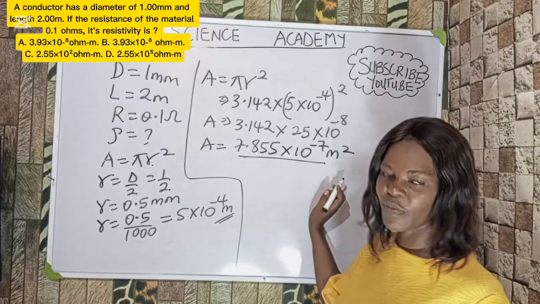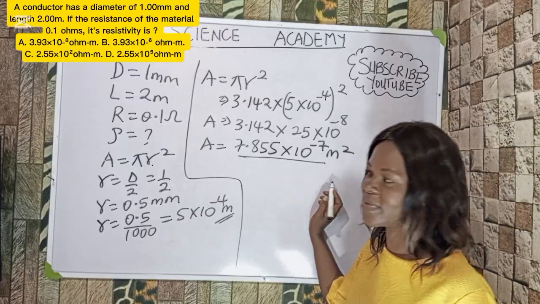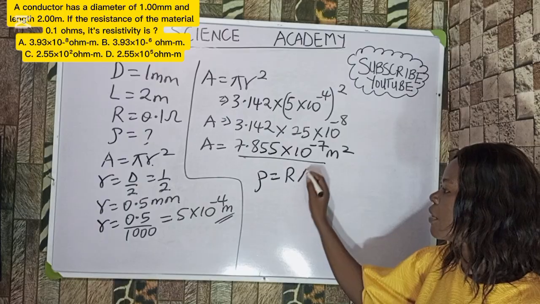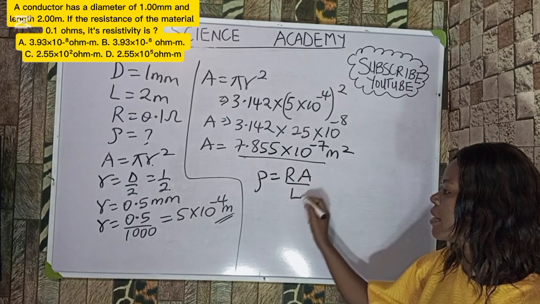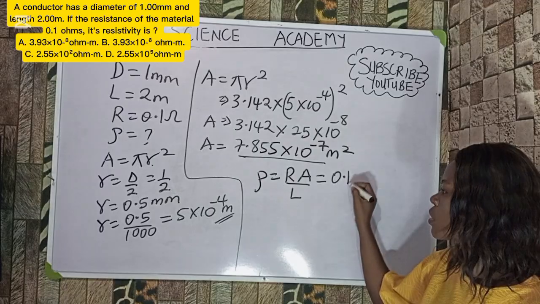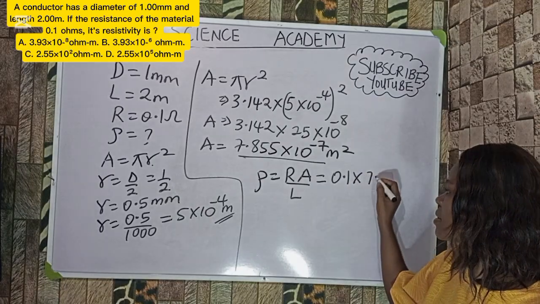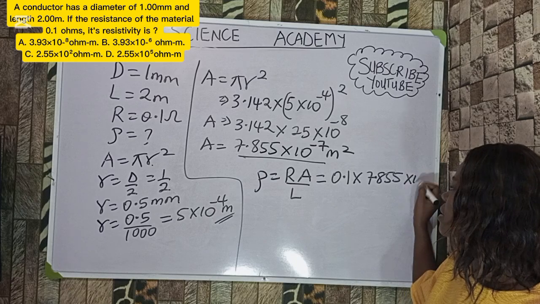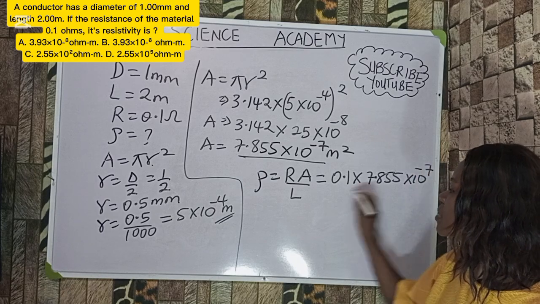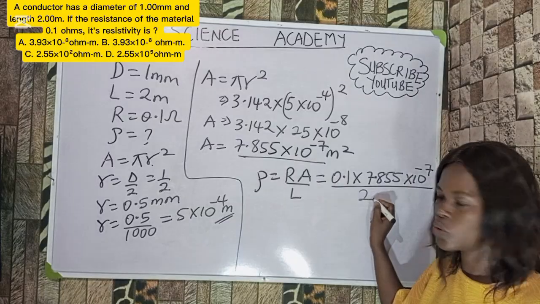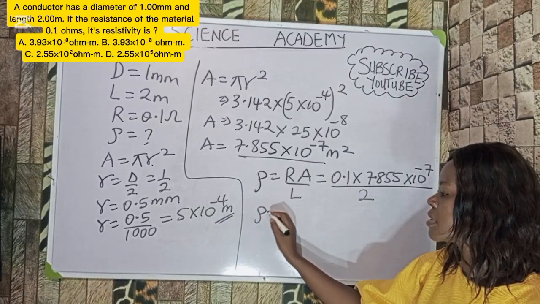So now I can solve for my resistivity. My resistivity rho is equal to RA over L, right? What's my R? My R is 0.1 multiplied by 7.855 times 10 to the power of minus 7, divided by my length, which is 2. So let's work it out.